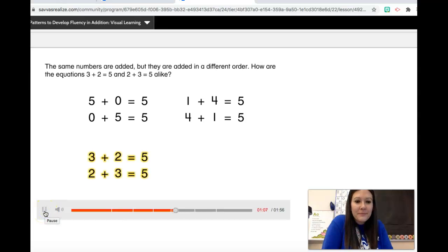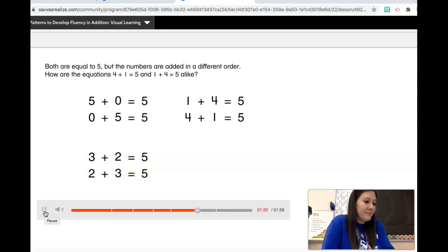The same numbers are added, but they are added in a different order. How are the equations 3 plus 2 equals 5 and 2 plus 3 equals 5 alike? Both are equal to 5, but the numbers are added in a different order. How are the equations 4 plus 1 equals 5 and 1 plus 4 equals 5 alike?